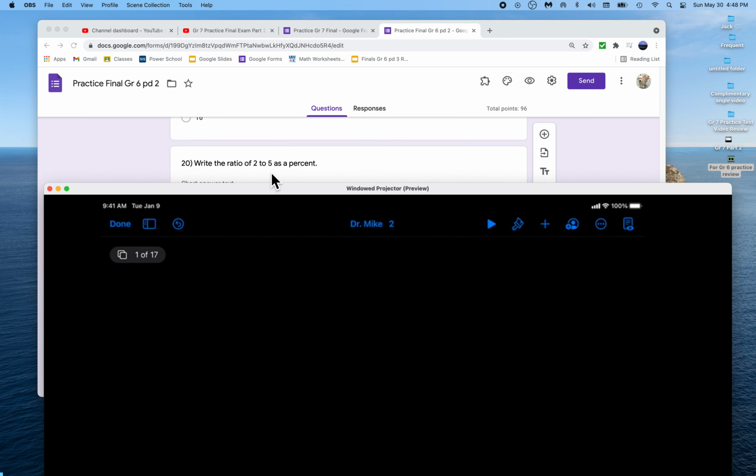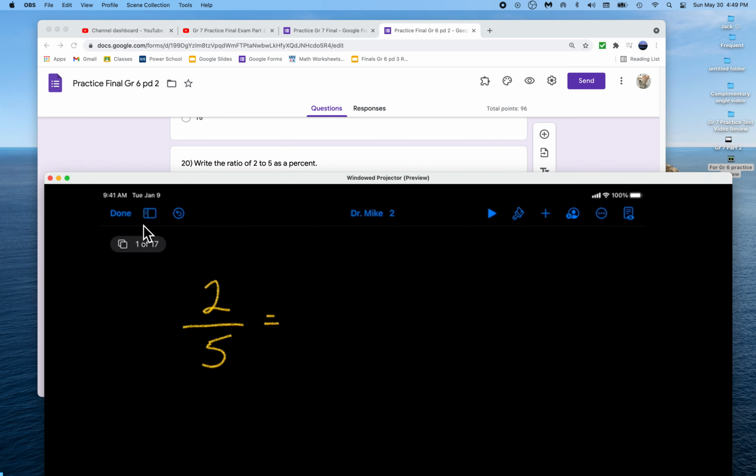Write the ratio of 2 to 5 as a percent. Okay, if you're not sure what to do here, start out with what you know. So you know that 2 over 5 is a way to write that ratio. Now, how do you get this as a percent?